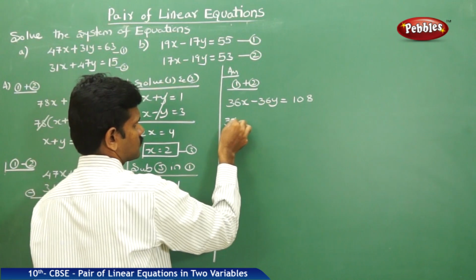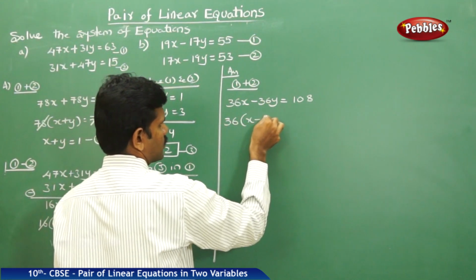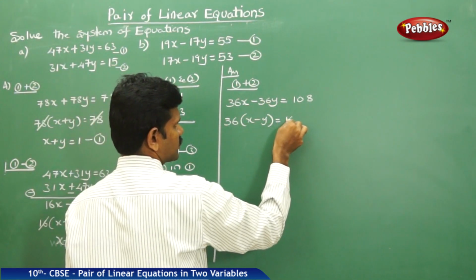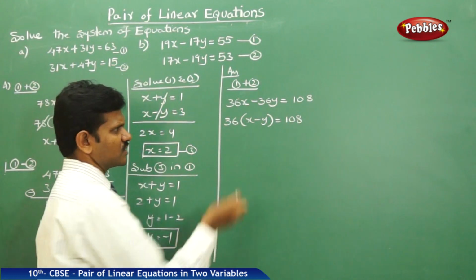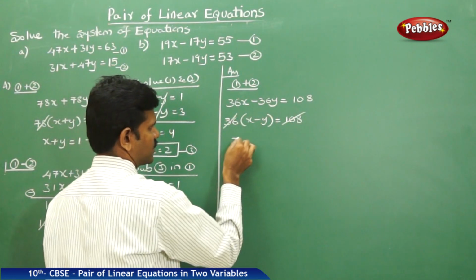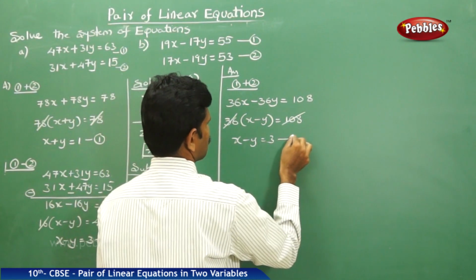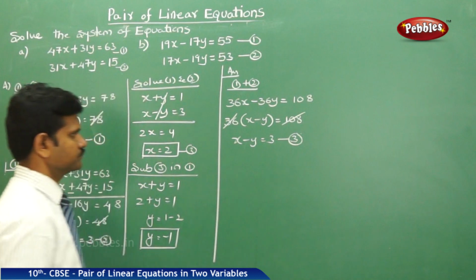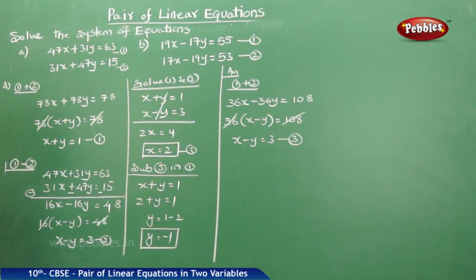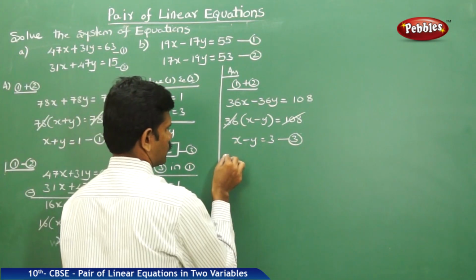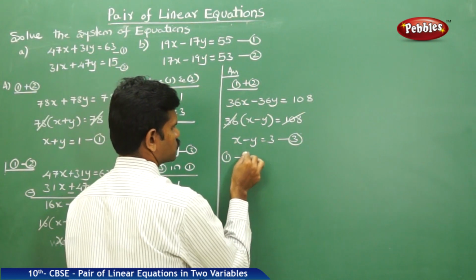That is, take 36 common. x minus y is equal to 108. That is 36 table 108, 3 times. That is x minus y is equal to 3. This is equation 3. Now equation 1 minus equation 2.